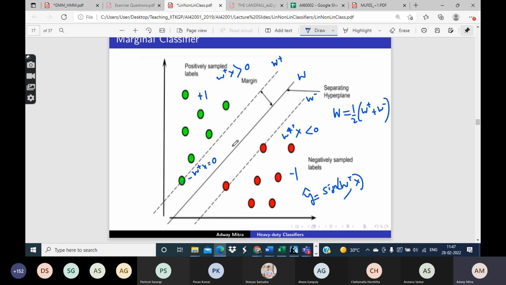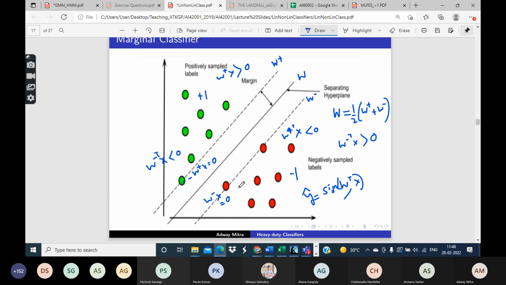Similarly, for all these points W minus transpose X is less than 0. For these points W minus transpose X is greater than 0, and for these points it is equal to 0. For those points which are equal to 0, by the definition of the sign function, we call their sign as +1, but in reality they are sitting on the border line. We can consider them either on this side or on that side.